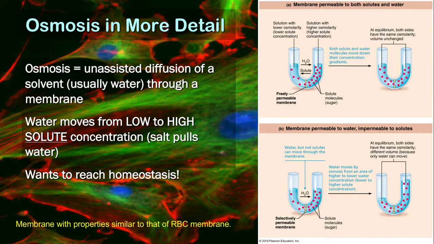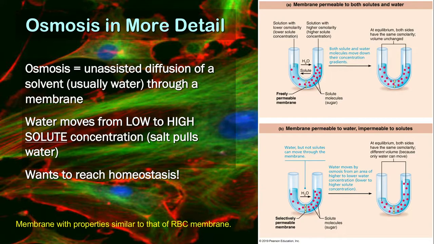So we are going to change our definition a little bit. With osmosis, the water is still moving from high concentration of water to low concentration of water, but we can also say that the water moves from less solute concentration to a high solute concentration.